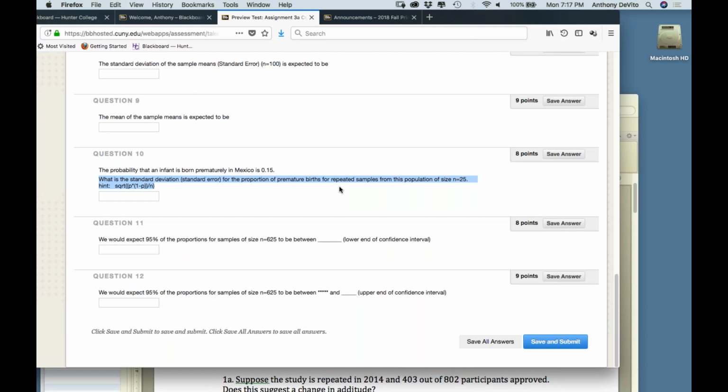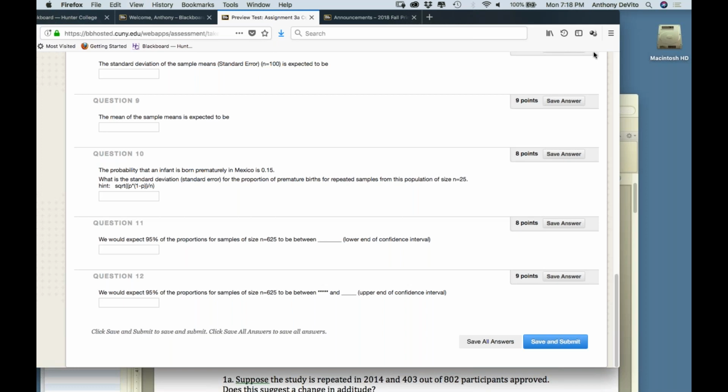So we're looking for the standard error for this 0.15. Standard error is going to be equal to the square root of p times 1 minus p divided by n. So we actually know what p is here this time, for the population. So it's 0.15 times 0.85 divided by 25.